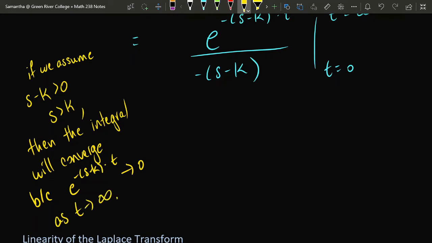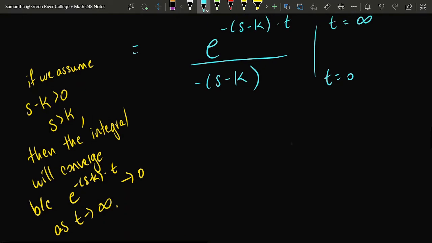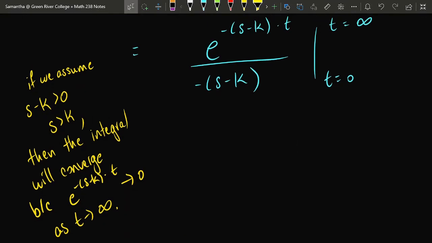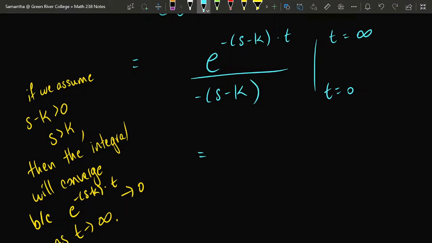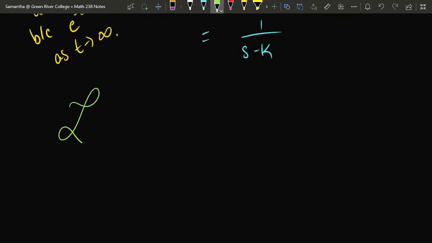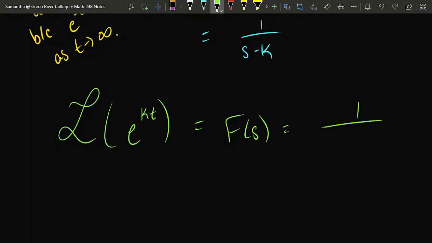So working under the assumption that the integral does actually exist, as t goes to infinity, the exponential term will shrink to 0. And then when t is equal to 0, we get 1 divided by negative s minus k. So the Laplace transform of e to the kt is the function of s, which is equal to 1 over s minus k.